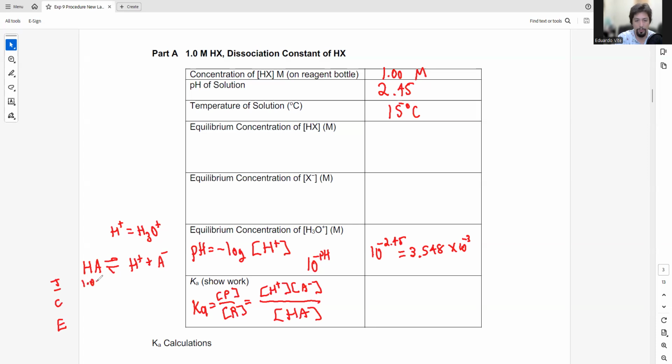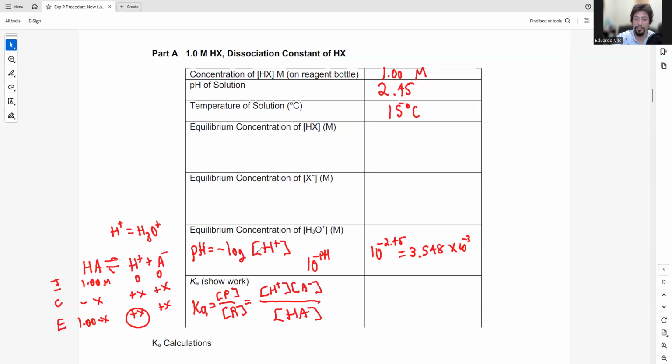Initially, we had 1.00 molar, and then 0 and 0, we had a change. Remember, the reactant always decreases in concentration and the product always increases, and everything is 1 to 1, so they increase by the same factor. So now we have 1.00 minus x, and then we have plus x, and then we have plus x. And we just solved for x.